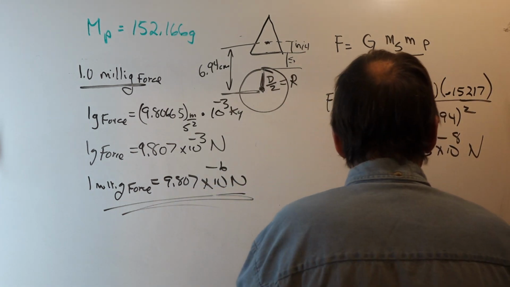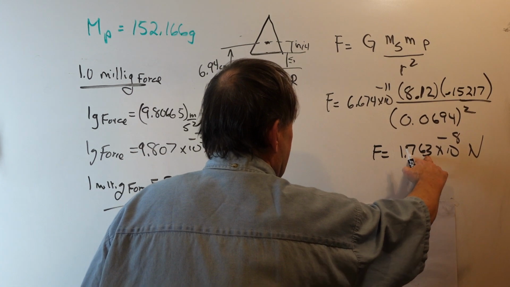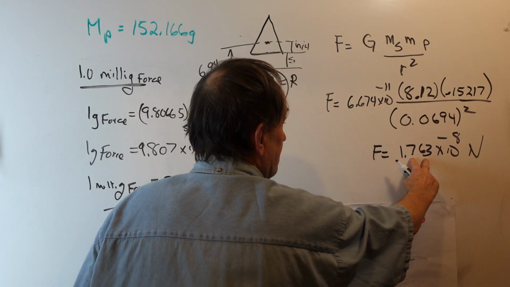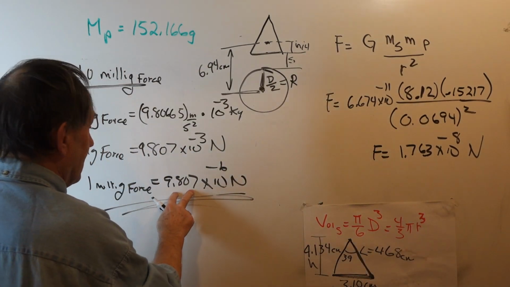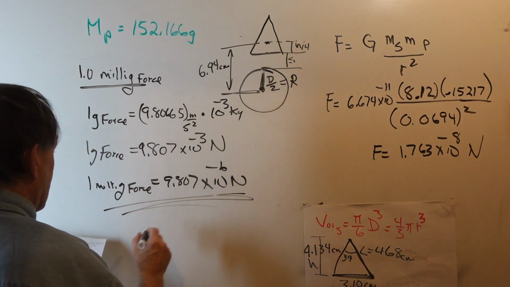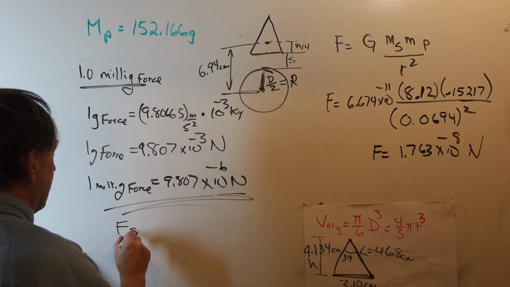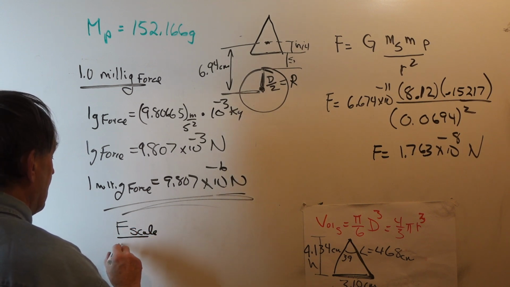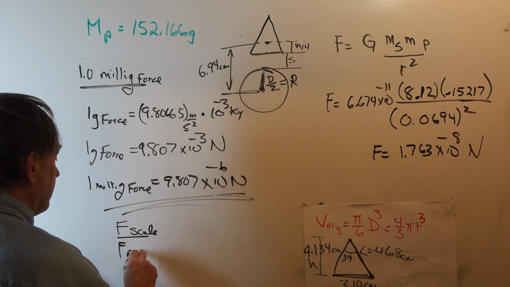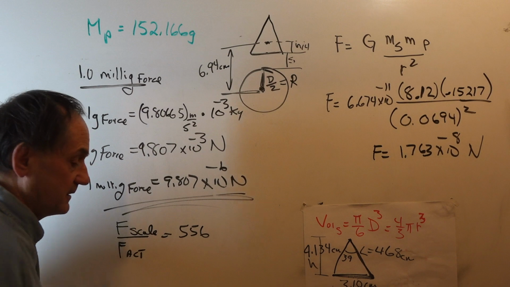How much smaller is it? Well, if we ratio these two, if we divide the actual force between the two masses into the 1 milligram force, that ratio, the force the scale indicated to the force actual, comes out to 556 to 1.